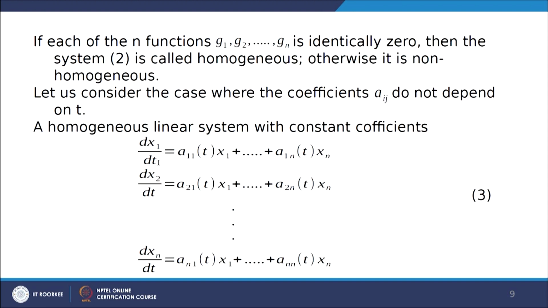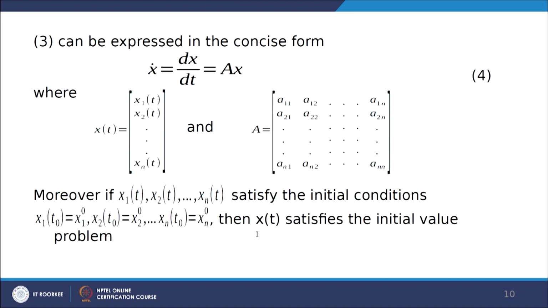The right hand side of these n equations is a11 x1 and so on a1n xn, a21 x1 and so on a2n xn, an1 x1 and so on ann xn. It can be put in the form of a matrix A multiplied by the vector x, where the matrix A is a11, a12, a1n, a21, a22, a2n, an1, an2, ann, multiplied by the vector x, that is x1, x2, xn.